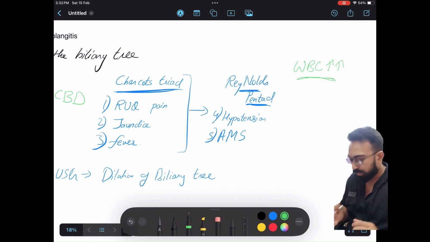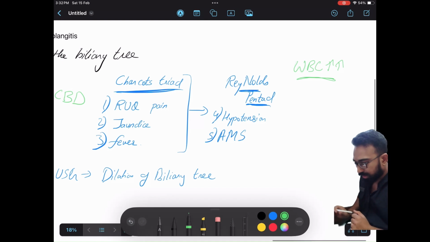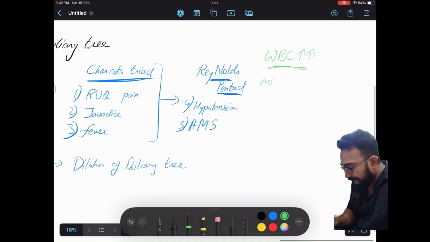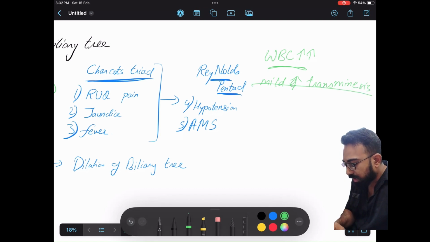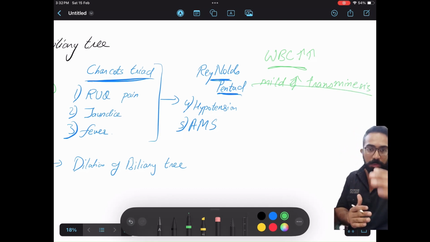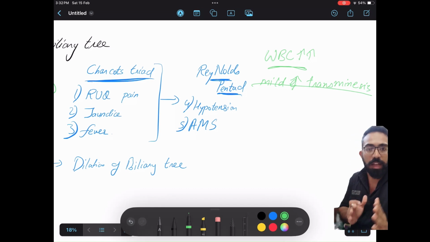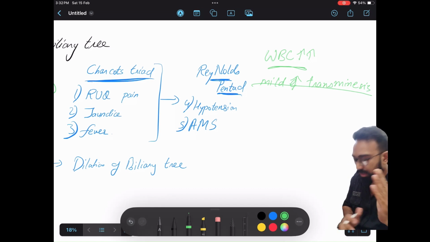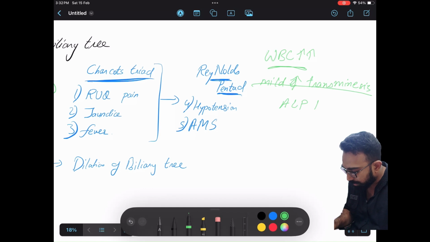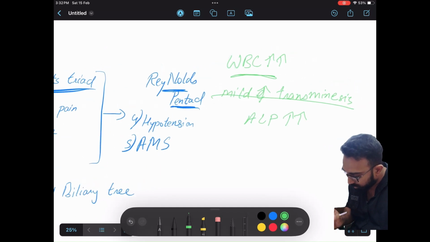Another thing is there will be a mild elevation of liver enzymes, a mild increase of transaminases. How mild? The general value is that AST, ALT should be below 40. It may go up to 60 or 80 over here. Other than that, alkaline phosphatase, ALP, also increases.